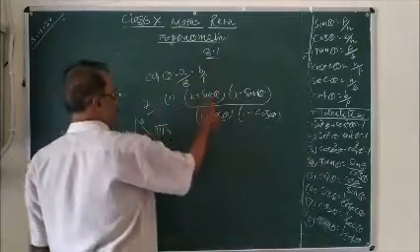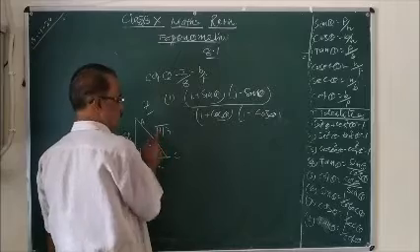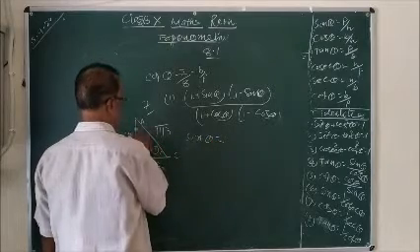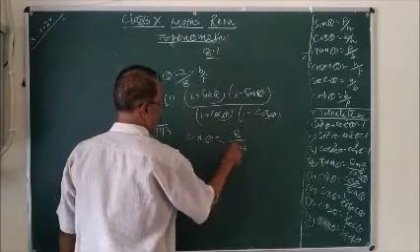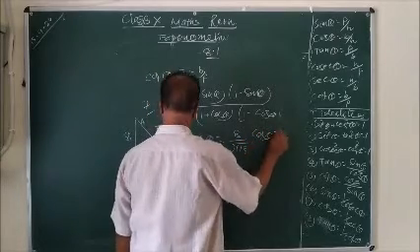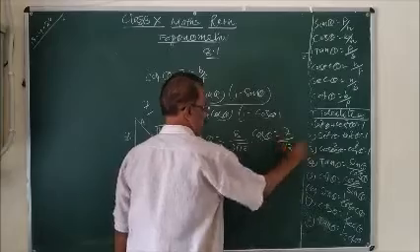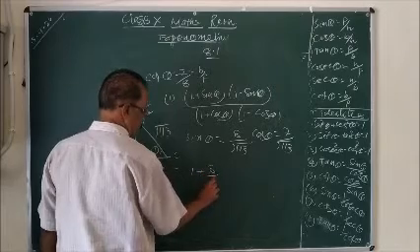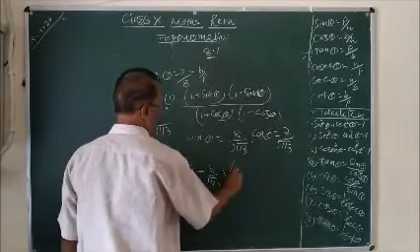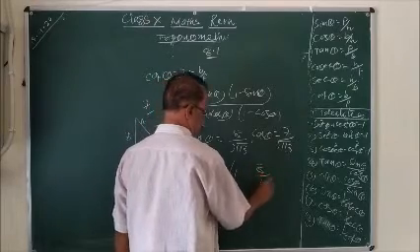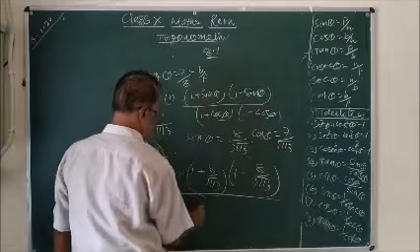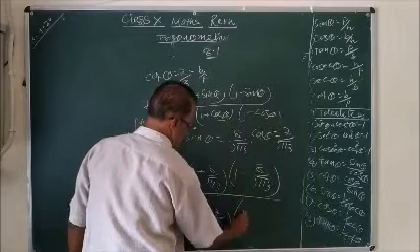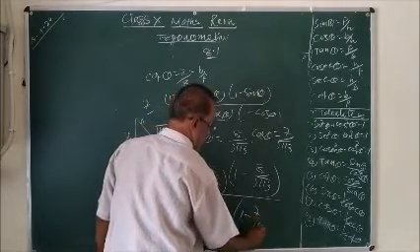But if you want to follow that method, this depends upon the question, how you can simplify it. If you want to find the value of sin and cos, you have to find the hypotenuse. Now sin θ is equal to p by h, 8 by root 113, and cos θ is equal to b by h, 7 by root 113. Now you put these two values: (1 + 8/√113) and (1 − 8/√113), and (1 + 7/√113) and (1 − 7/√113).